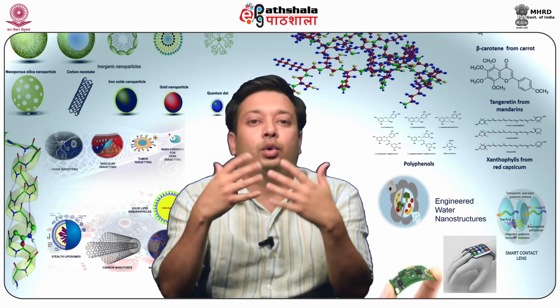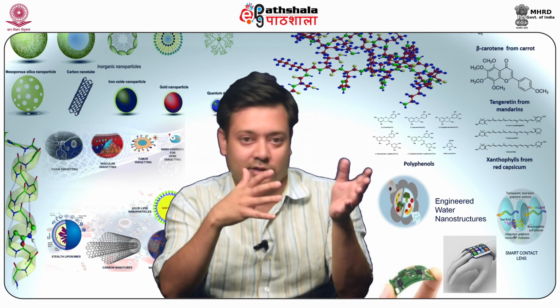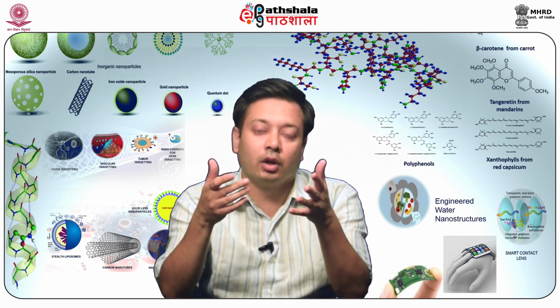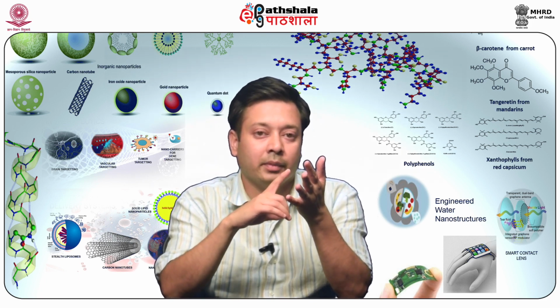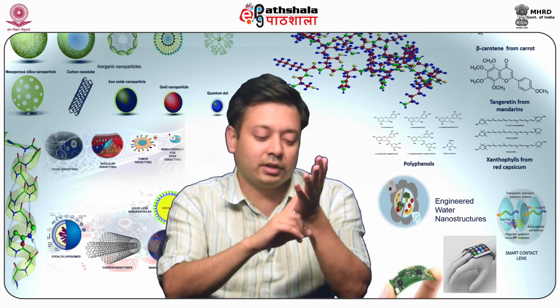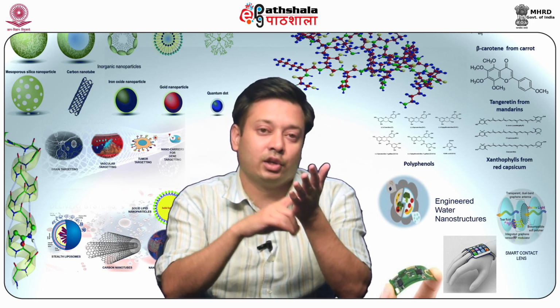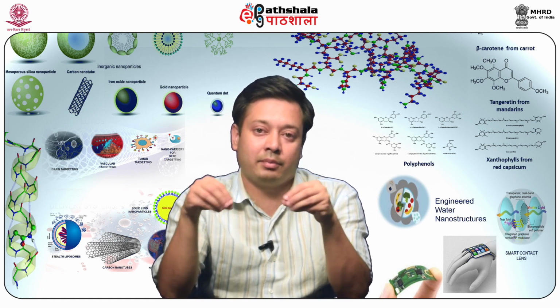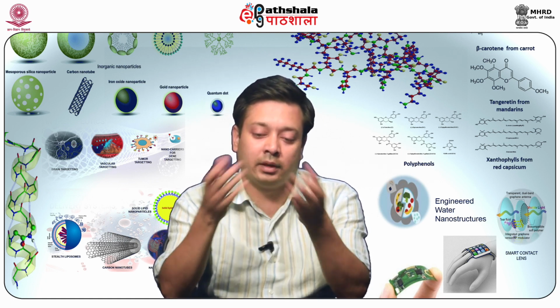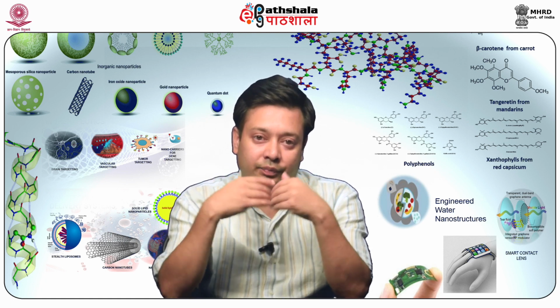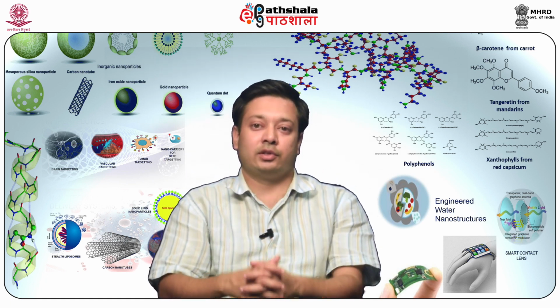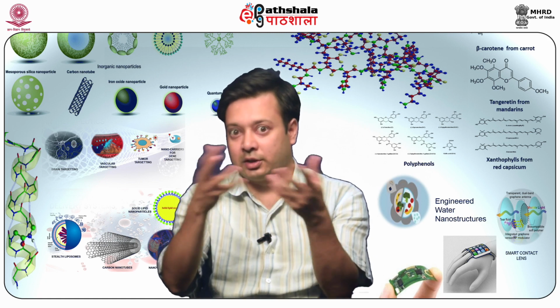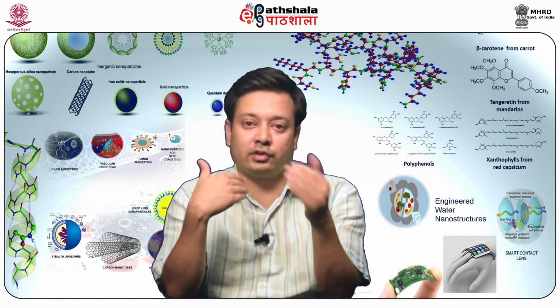So if we look at the possibility of using DNA nanostructures for drug delivery, there are some important issues. First of all, DNA has a negatively charged phosphate backbone, and it has to permeate through the cell membrane. The cell membrane also has phosphatidylcholine, so they can repel.